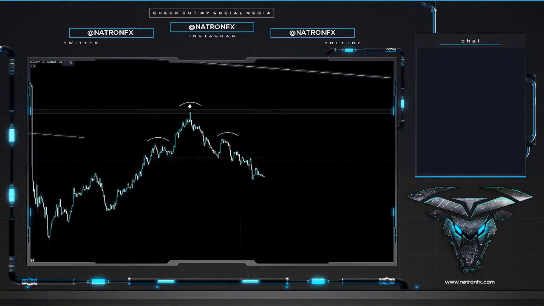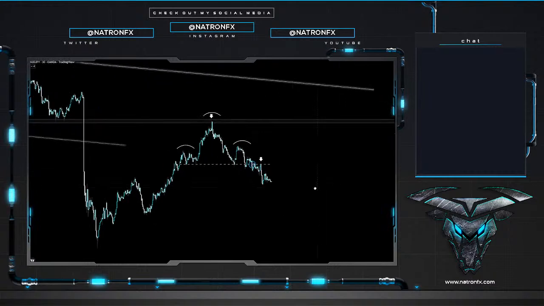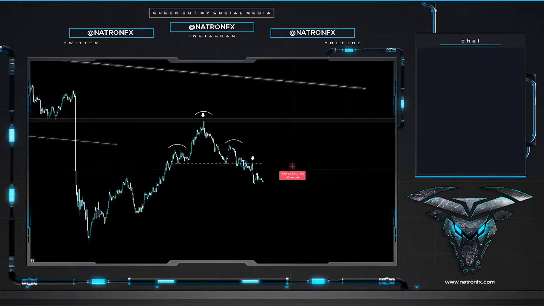The break right around in here and retest. From the top of the head to the neckline, what is that? 135 pips, 130-something pips. There might be some room to the downside on this, but you'd have to find a good spot to get in, man.